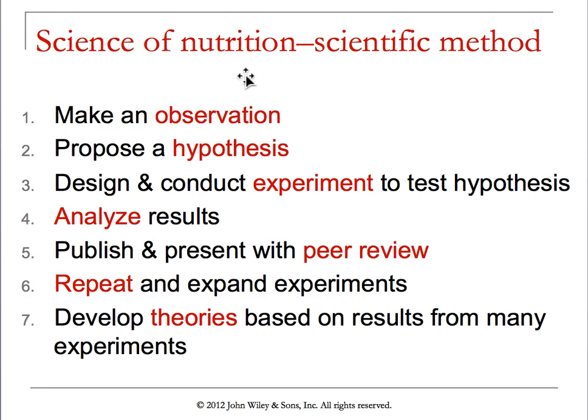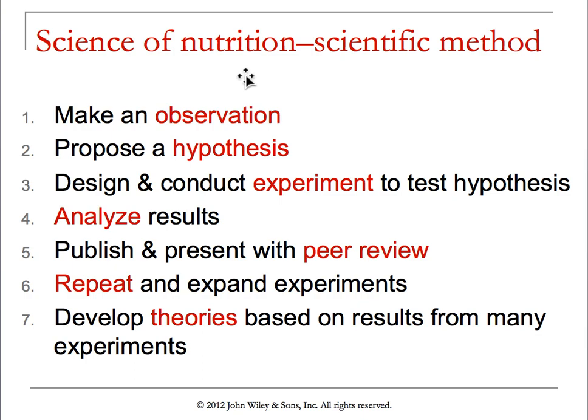Step 6 of the scientific method is to repeat and expand experiments. If somebody conducts an experiment and gets a result one time, that's great, but it's just one time. So if experiments can be repeated multiple times and keep getting the same results, that gives a better indication that those results are in fact true.